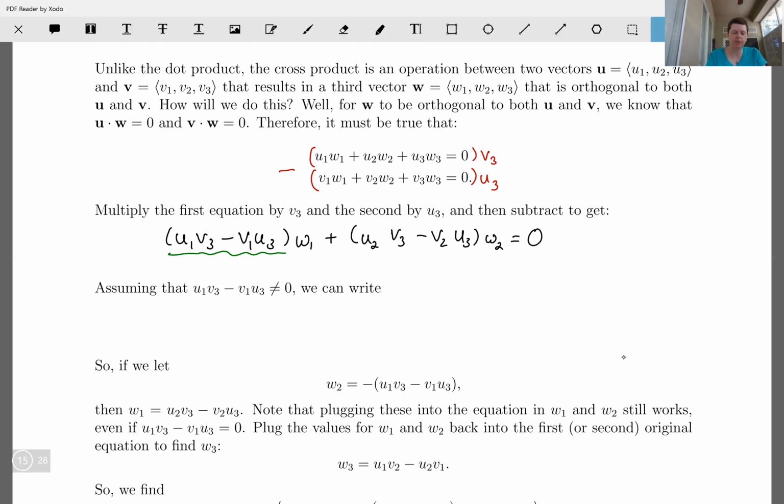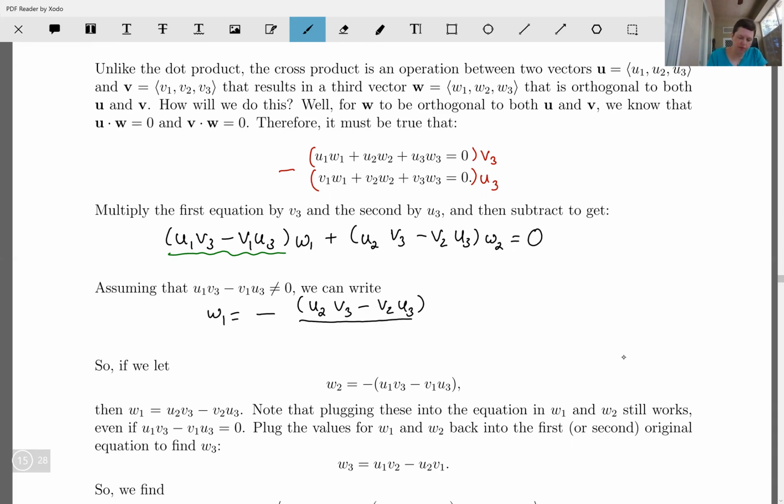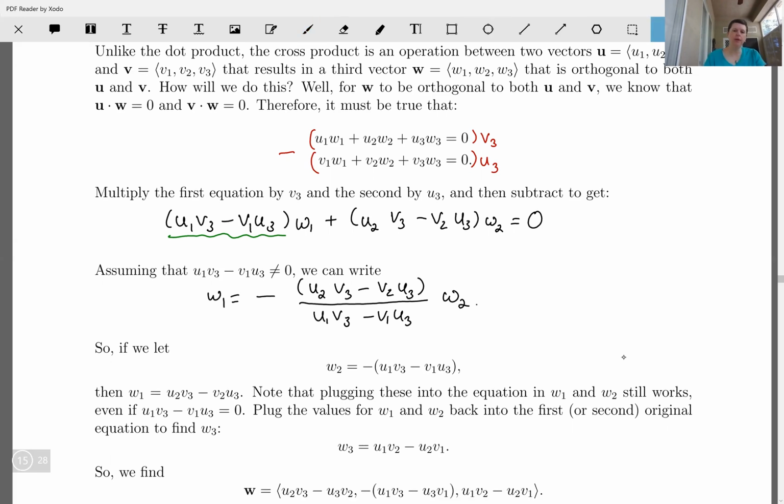And so when we do that, w sub 1 is going to be negative of, well, the coefficient of w sub 2 goes in the numerator and the coefficient of w sub 1 goes in the denominator. w sub 2 is a free variable.